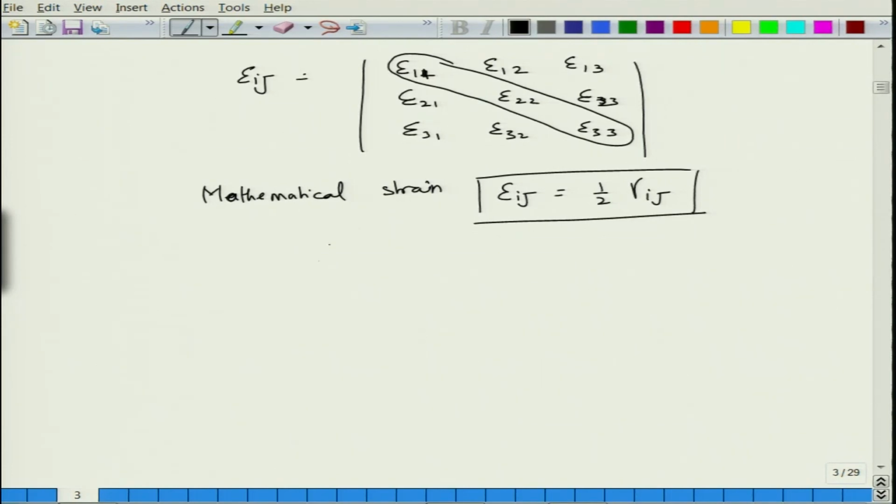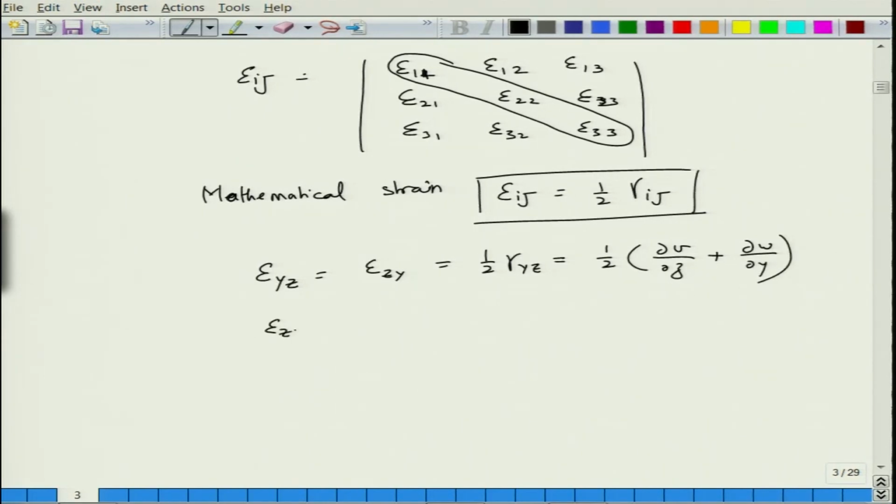So, if you replace this here, epsilon yz is equal to epsilon zy, which is equal to half of gamma yz, equal to half of del v by del z plus del w by del y.